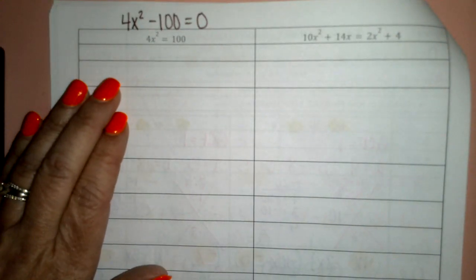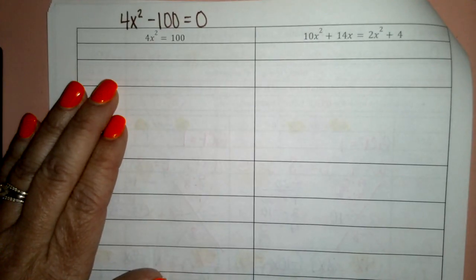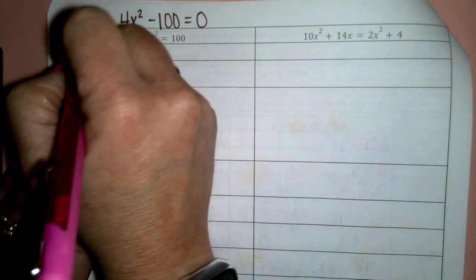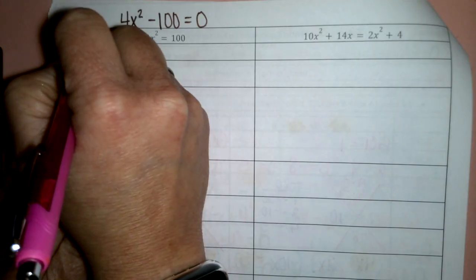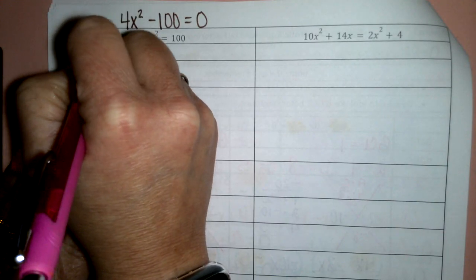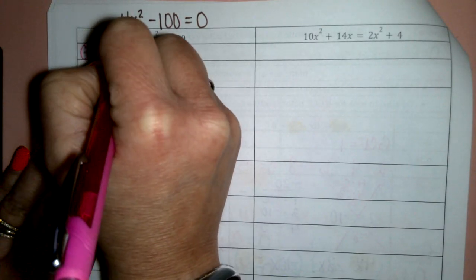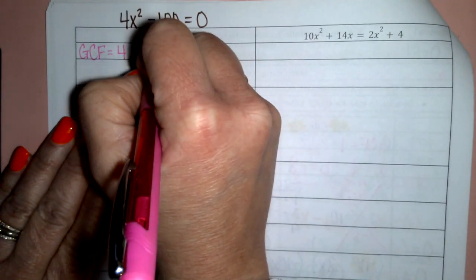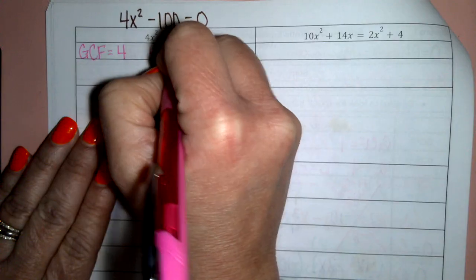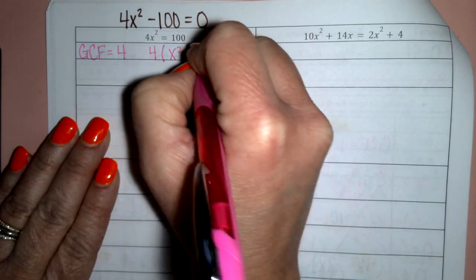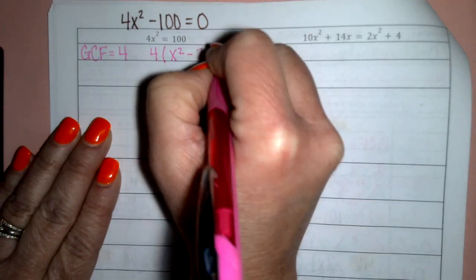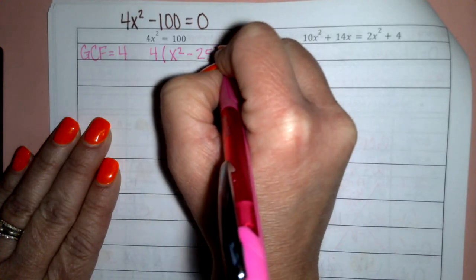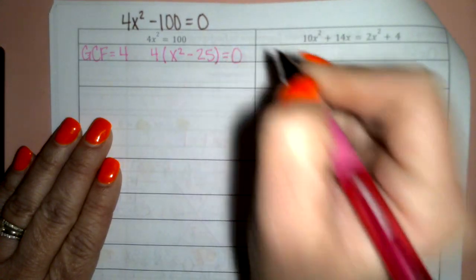Then we're going to do the GCF, and the GCF is 4. So now we have 4 times x squared minus 25, and that's equal to 0.